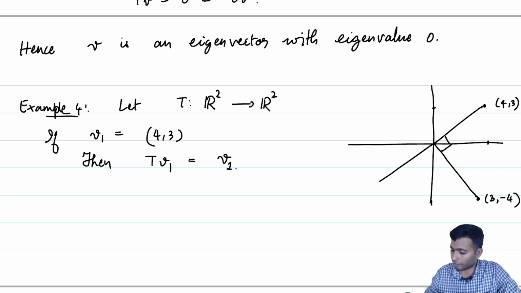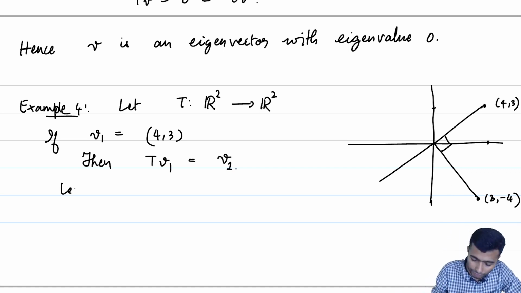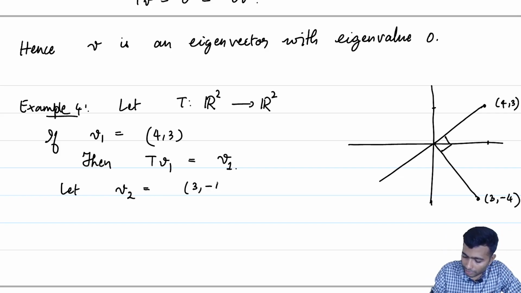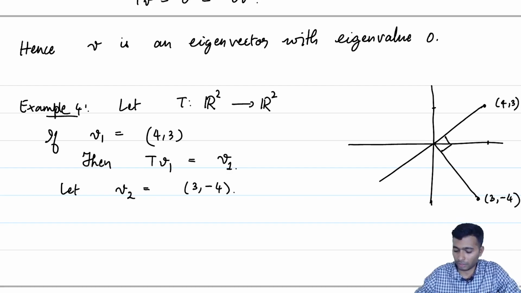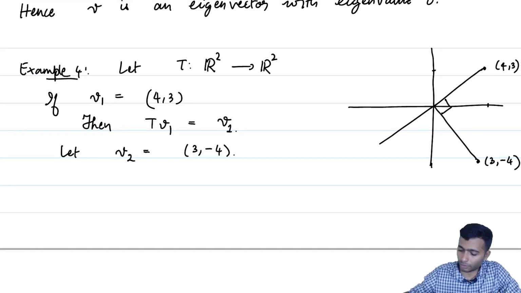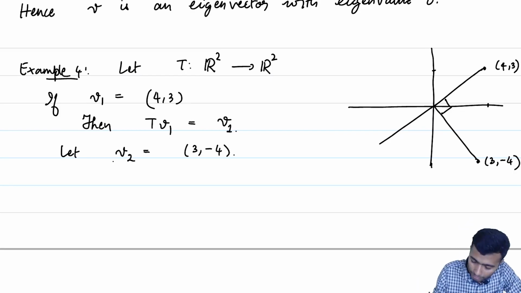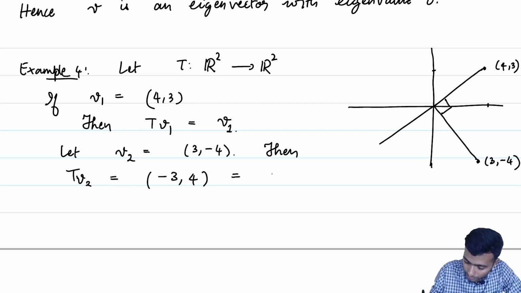What about the vector say v2? So, let v2 be the perpendicular vector which is (3, -4). Then if you reflect it, it will go to the other direction. The other direction it will just be (-3, 4), right. Then T v2 is equal to (-3, 4), which is equal to minus of (3, -4), which is minus of v2.